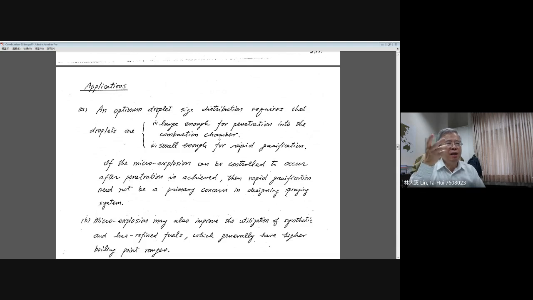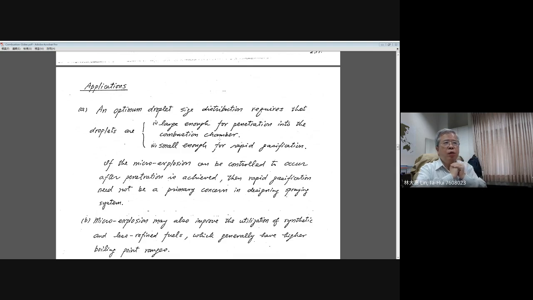But there is another thinking: you need to have a smaller droplet, because a small droplet will increase the total surface area for the liquid fuel to gasify to produce a vapor, then mix well with the surrounding oxygen, then go through combustion.